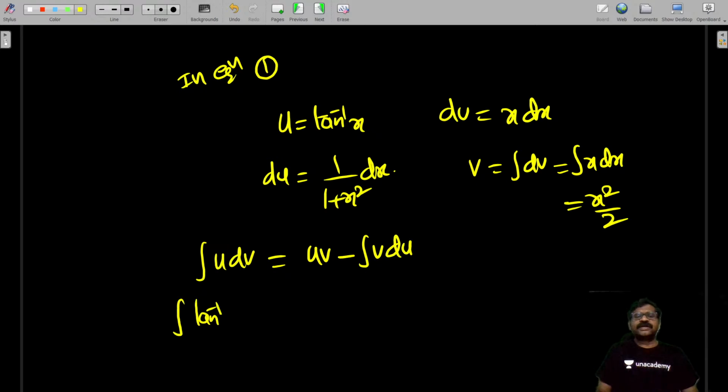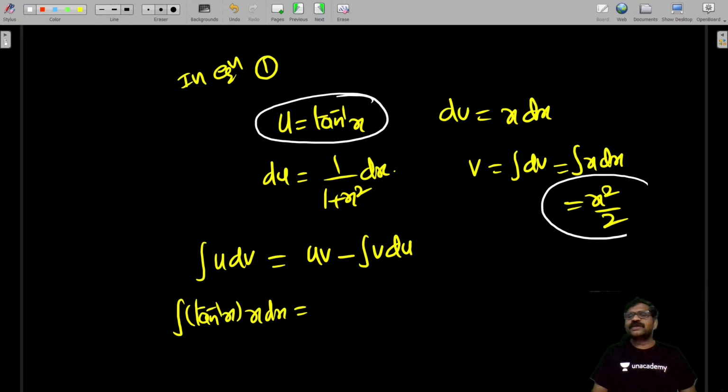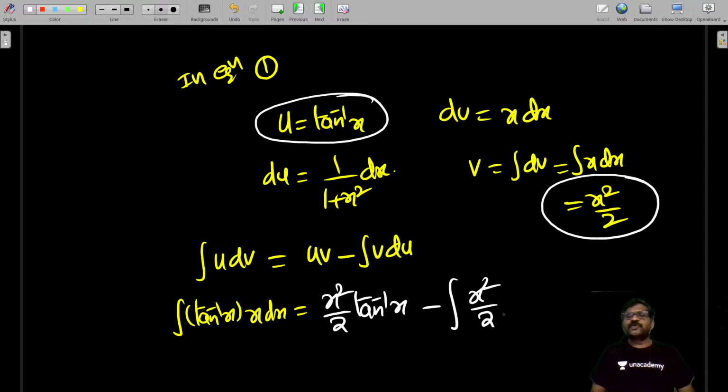So integral tan inverse x into x dx equals uv: x square by 2 into tan inverse x minus integral of x square by 2 into 1 by 1 plus x square dx, from 0 to 1.